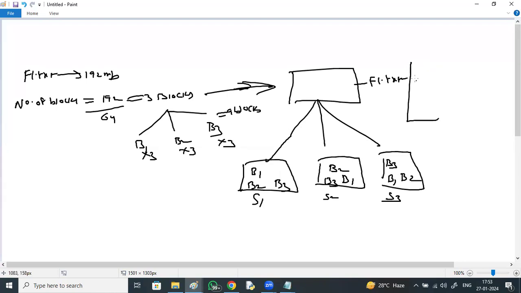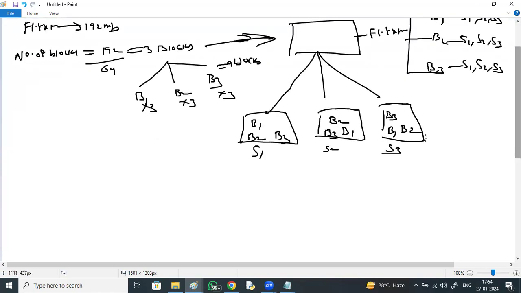F1.txt is split into B1, B2, and B3. B1 is in S1, S2, and S3; B2 also in S1, S2, and S3; B3 also in S1, S2, and S3. This is data storage. Now data processing.